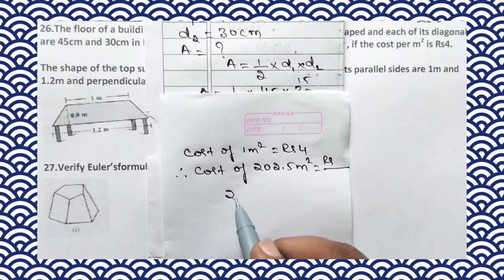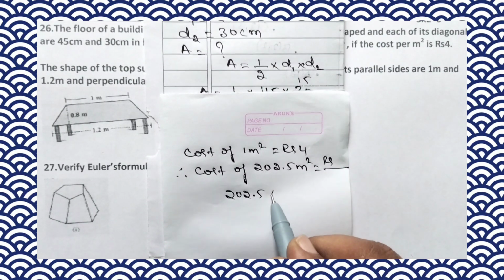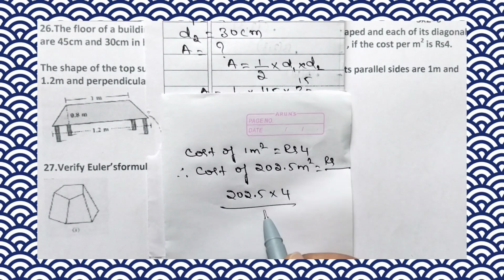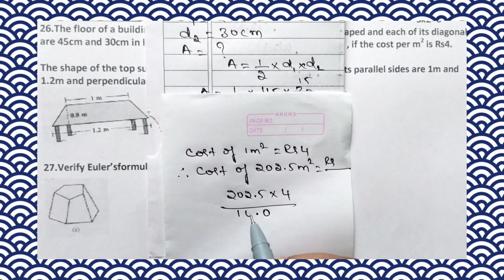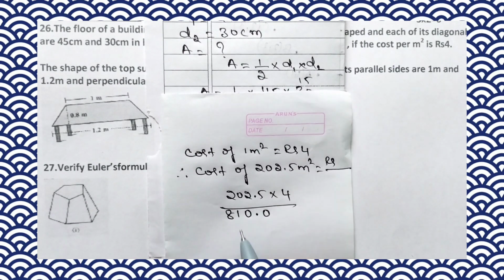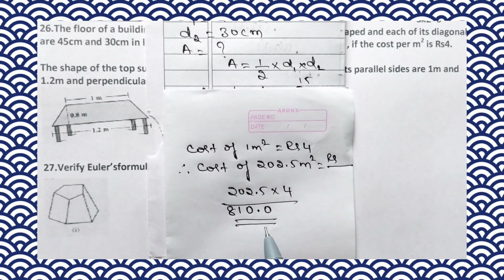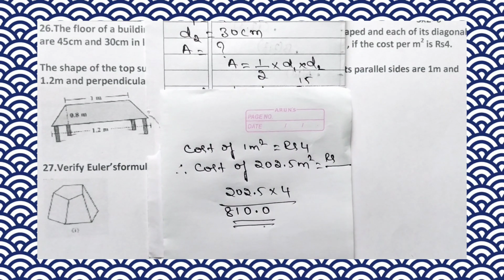So now 202.5 should be multiplied by 4. 4 5s are 20, 0 and 2 carry, 4 2s are 8, 8 plus 2 is 10, then 4 2s are 8. So the total will be equal to rupees 810. So what is the total cost? The total cost will be 810 rupees.